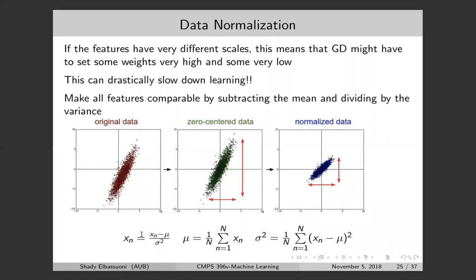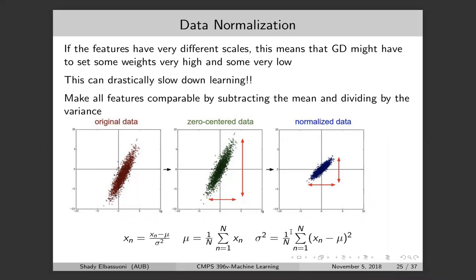I compute the mean over the training examples, which is 1 over N, summation from n equals 1 to N of x_n, where x_n is a training example and N is the number of examples. So take the examples and average them. It's a vector of the features. You average these N vectors and you get the mean of the training data.